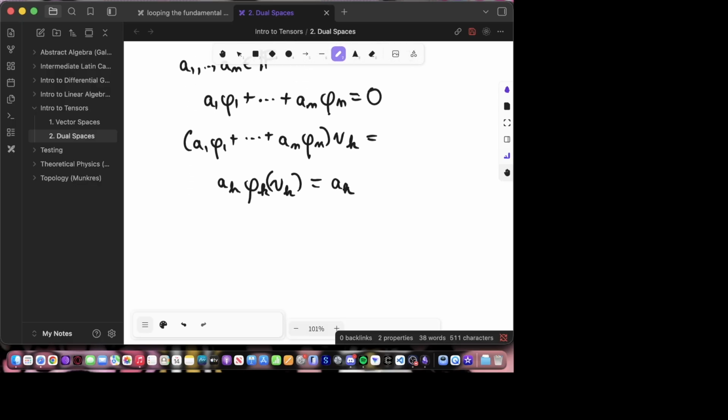Therefore, since this is equal to 0, we must have that ak equals 0. Because k is arbitrary, we know that all ak must vanish. So a1 equals dot dot dot equals an equals 0.